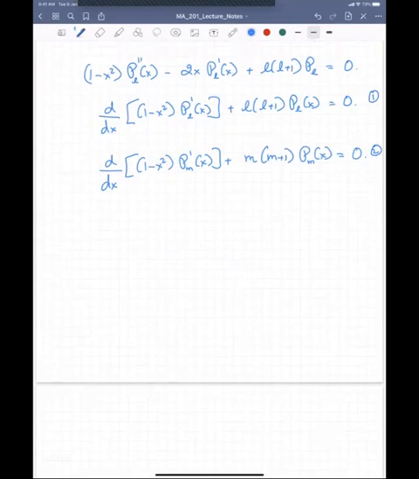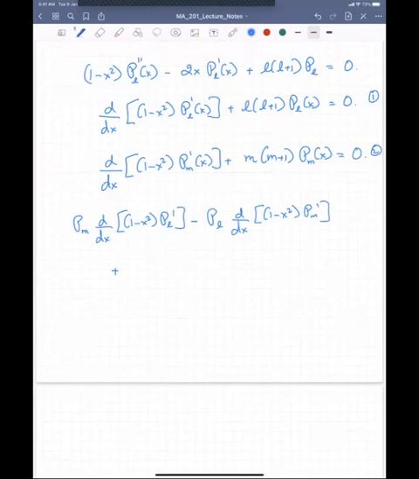So if I do that, I get Pm d/dx of (1 minus x squared) PL prime minus PL d/dx of (1 minus x squared) Pm prime plus [L(L plus 1) minus m(m plus 1)] PL Pm equals 0. Okay.